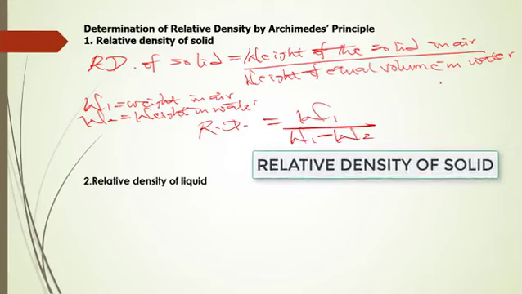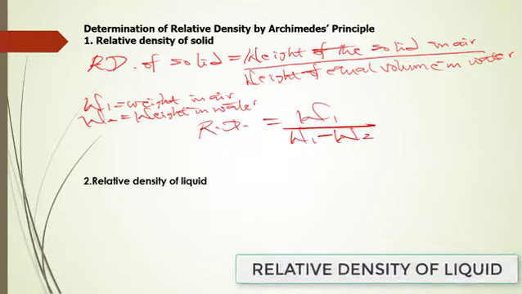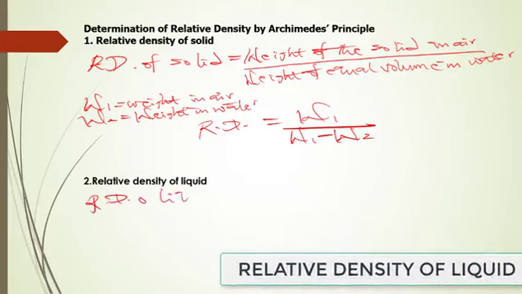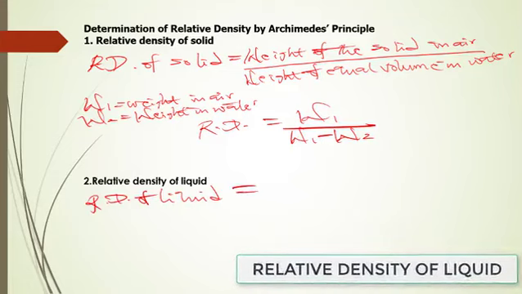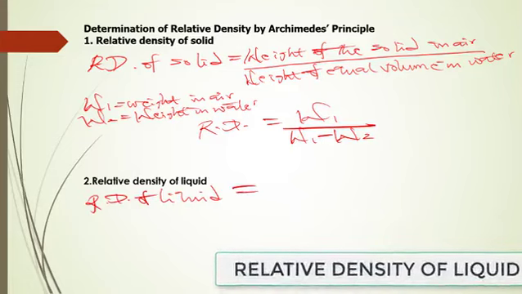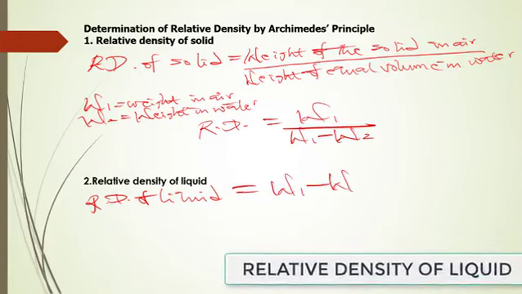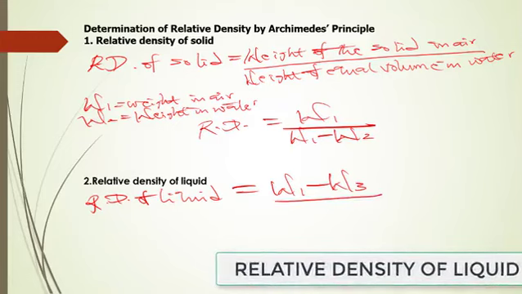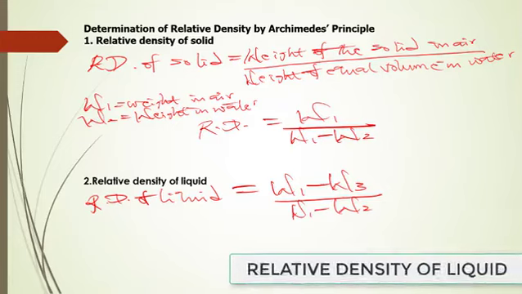And then the relative density of the liquid, RD of liquid, is equal to the apparent loss of weight of the solid in liquid, which is W1 minus W3, divided by W1 minus W2.